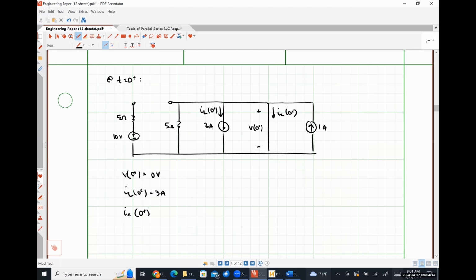IC at 0 plus. So just a quick analysis here. The 5 ohm resistor is in parallel with the short circuit, no currents flowing through that. So we have 3 amps flowing this way, 1 amp flowing this way, so IC is 2.